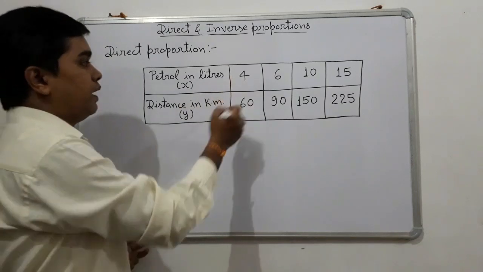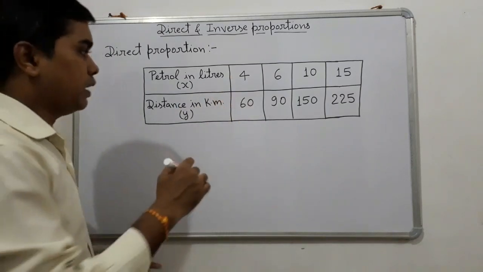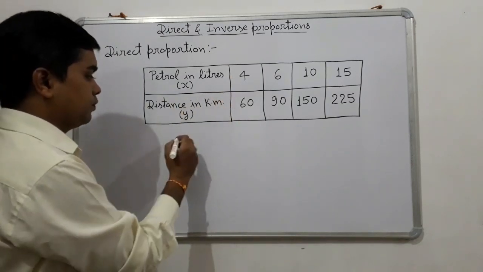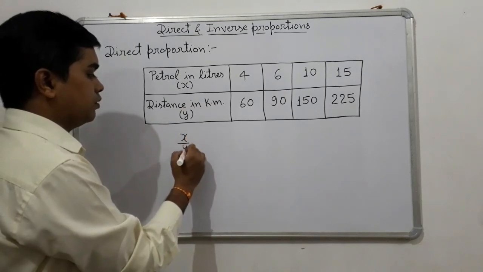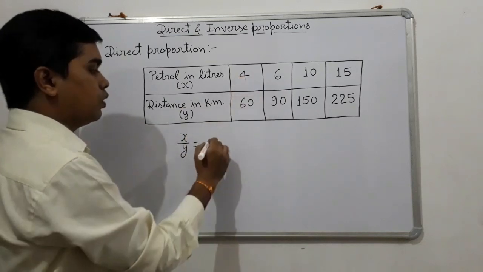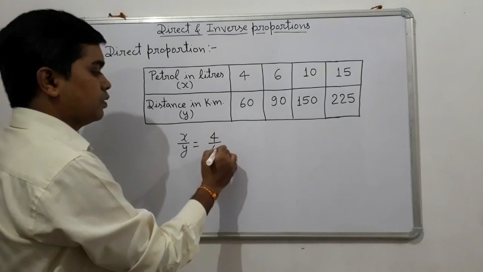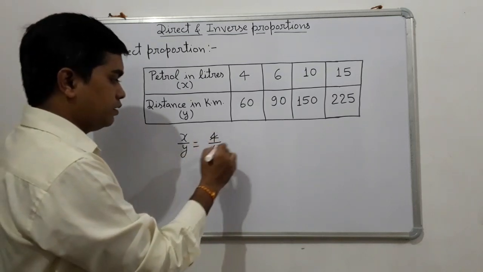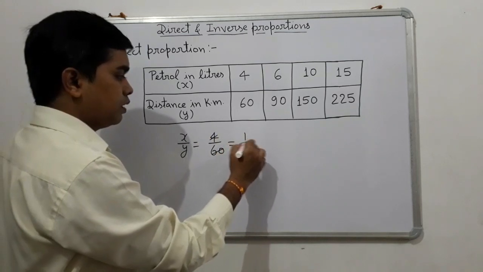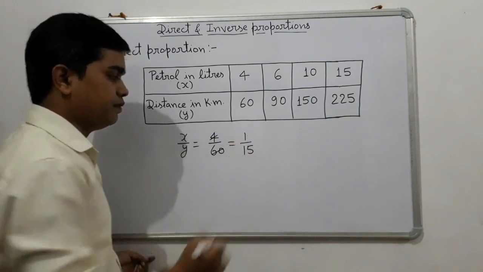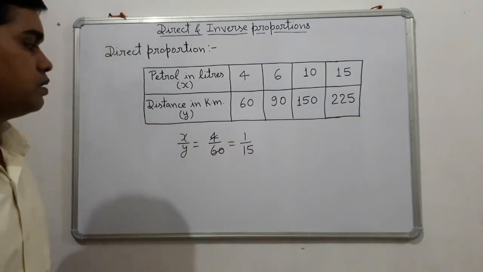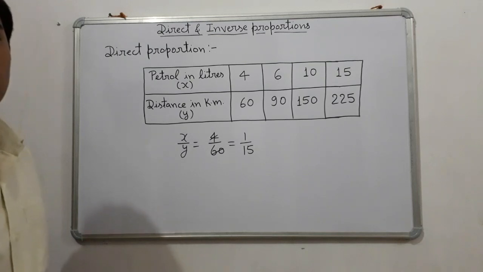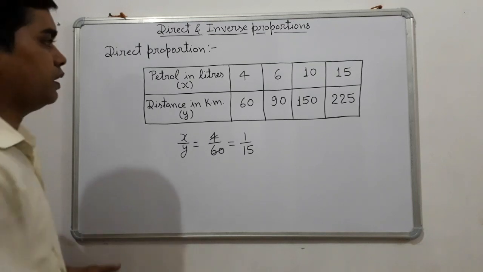Now when you find the ratio of x and y, what will you get? See, x upon y. First 4 upon 60. Simplify it. You will get 4 one times 4 and 4 fifteen times 60. So it means x upon y is equal to 1 upon 15.